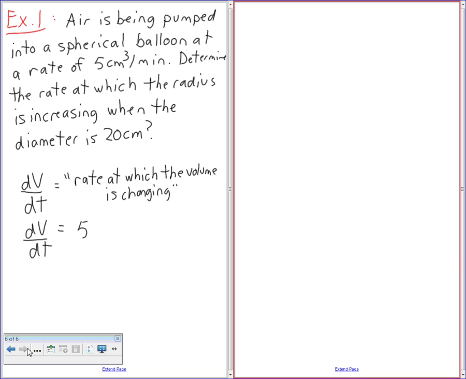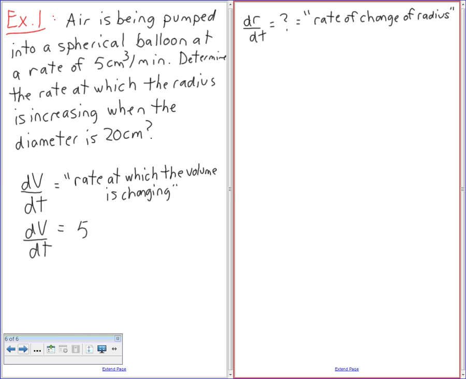So dr by dt, that should be a small r, sorry, I love capitals, is unknown, which is the rate of change of radius. And that's what we're ultimately looking for in this question.